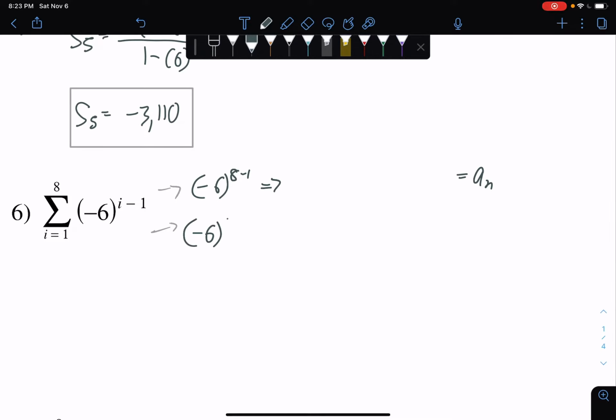So negative 6 raised to 1 minus 1. Now, negative 6 raised to 8 minus 1, basically our answer is negative 279,936. And our a sub 1 is 1. How is it 1? Well, any number, literally any number, whether it's negative or positive, if it's raised to 0, it's still 1. Whatever happens, it's still 1.